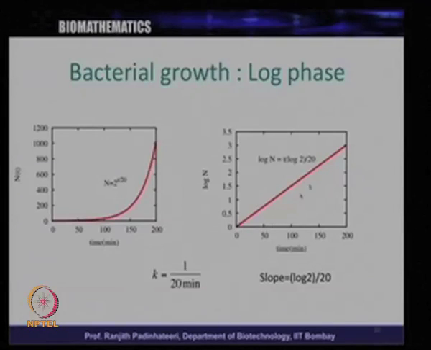The slope, or the derivative, of this is very easy to calculate, and you will see that the slope is log 2 by 20. So, if you know this log 2 by 20, immediately you can say that 20 is basically the rate of growth. So, from measuring this, you can immediately calculate the rate of growth, which is 1 over 20.